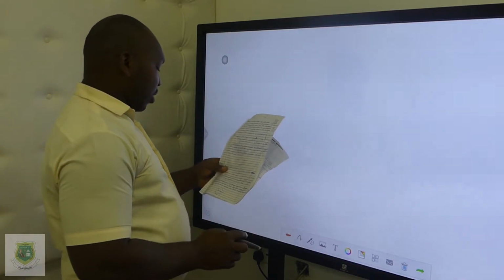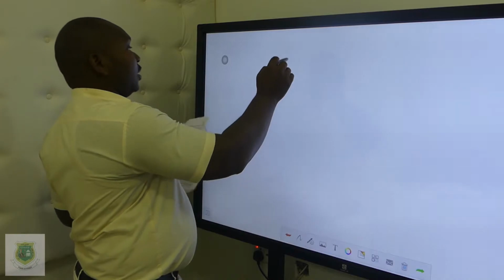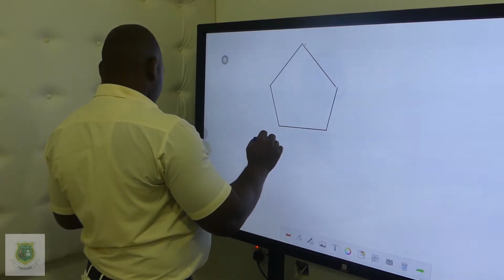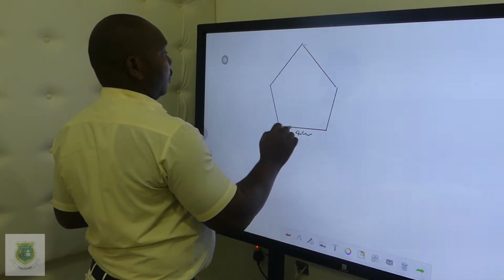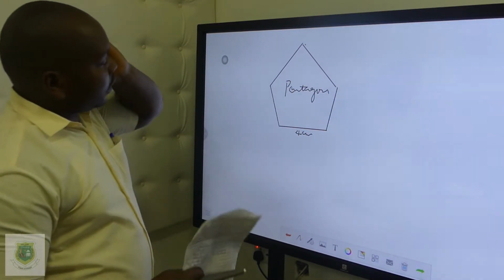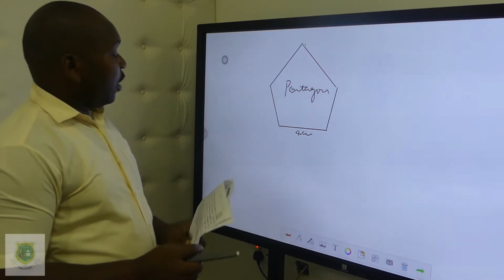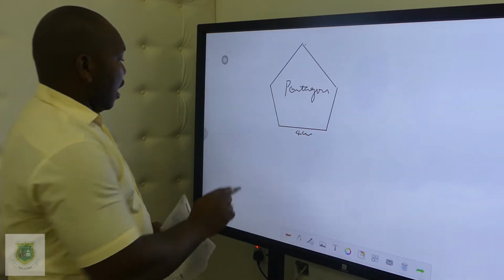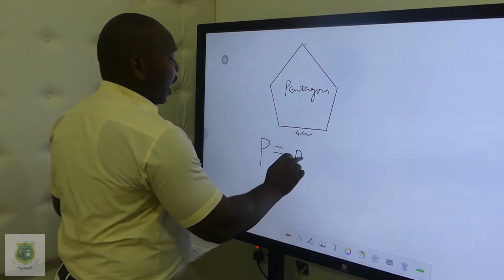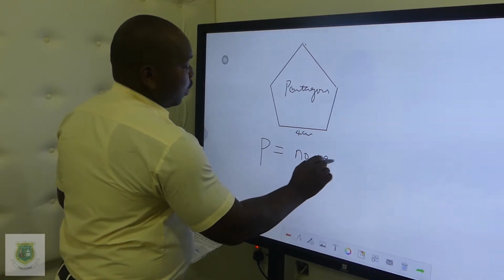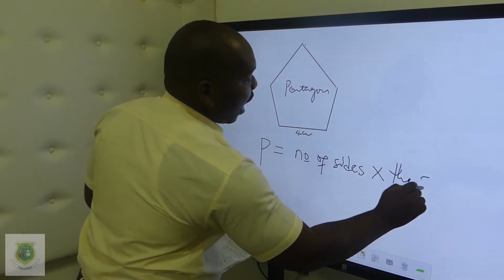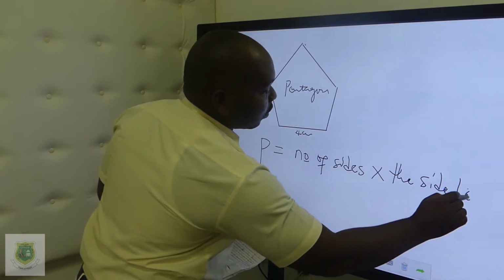So for a regular pentagon, something like this, let's say here is 4 centimeters, and this is a pentagon. A pentagon has 5 sides. If we want to calculate the perimeter, it will be the number of sides times the side length.